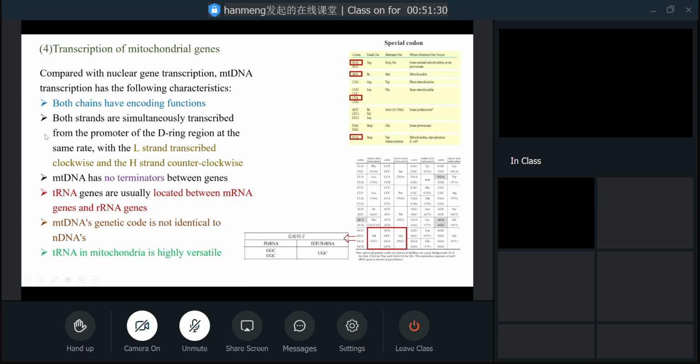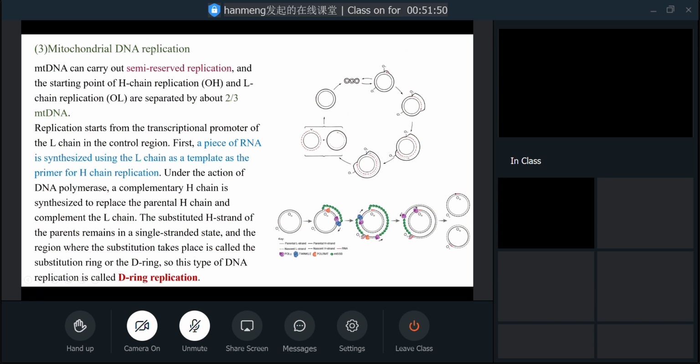Here you should pay attention that the direction of the transcription of the heavy and light strand is opposite to the replication direction of the mitochondrial DNA. Because during the replication, the heavy chain is clockwise and the light chain is counterclockwise.